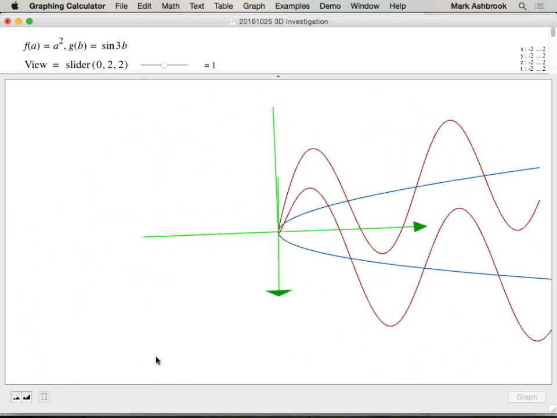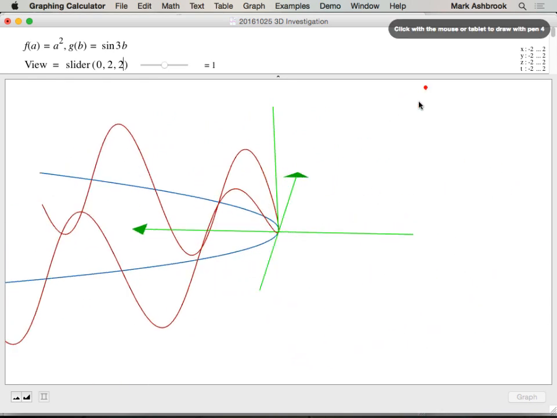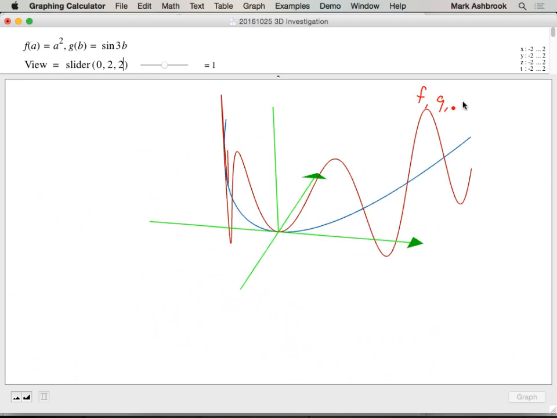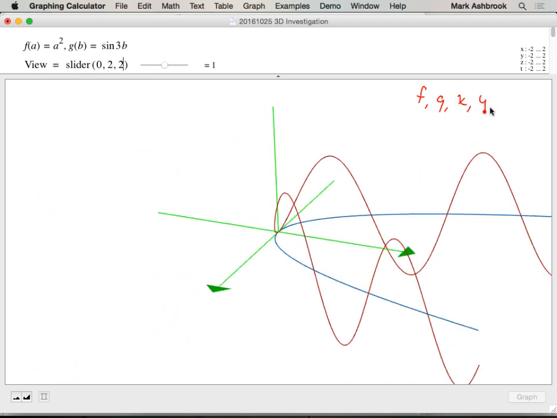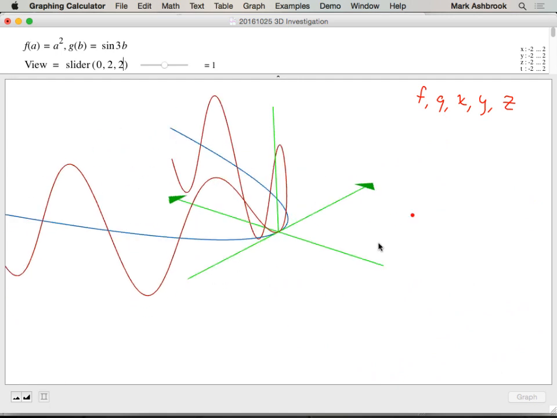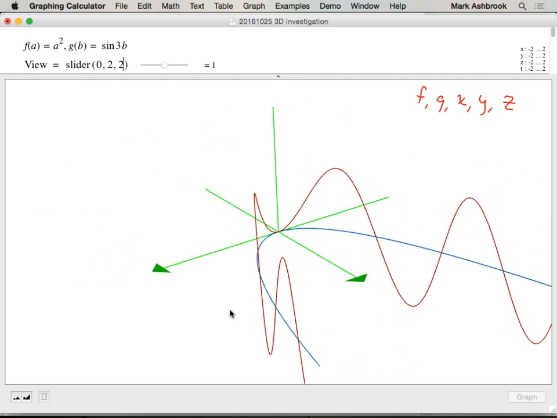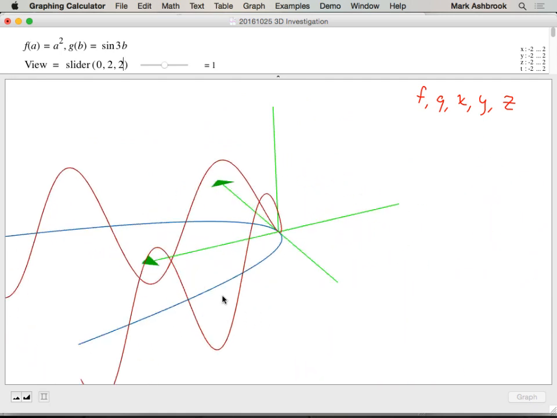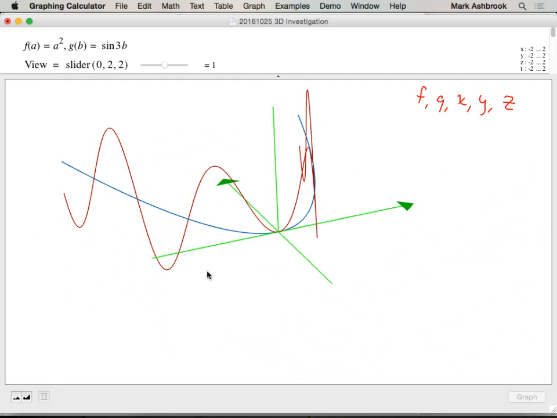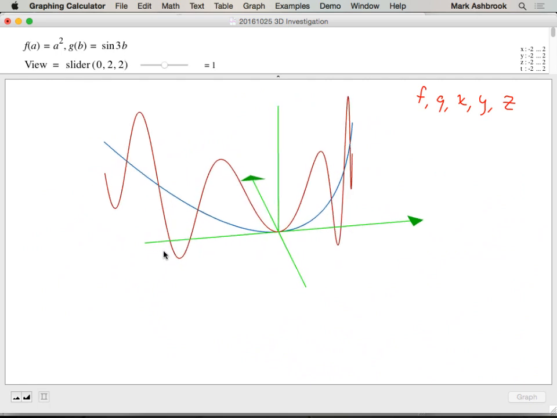So what does it represent, and what does the red curve have to do with f, g, x, y, and z? Is that a good view?